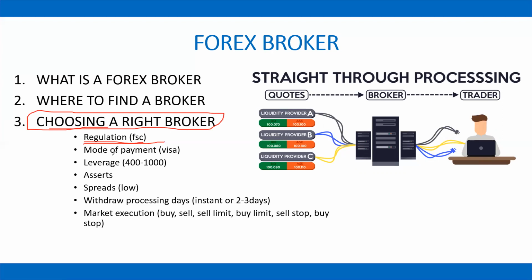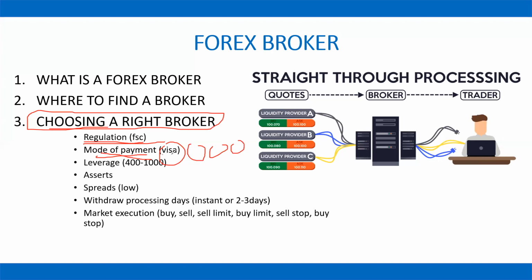Another thing is the mode of payment. Look into the modes of payment. How do they receive payments, or how do they pay their withdrawals? Do they use Visa? Do they use Bitcoin? Do they use Skrill? Do they use PayPal? What method of payment do they use? You have to choose a broker that allows a mode of payment that you can afford to use, based on your country or wherever you are.